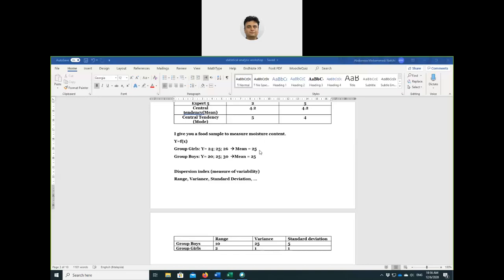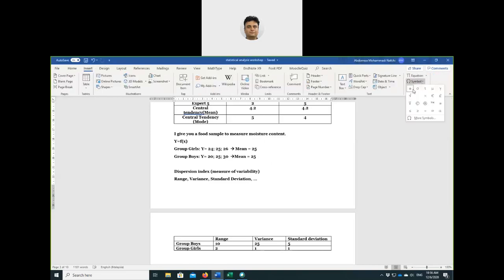Mostly in our report we use plus minus. For the girls we report plus minus 1 standard deviation, and for the boys 5.